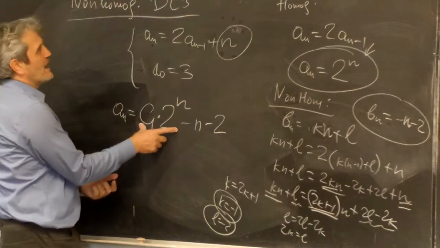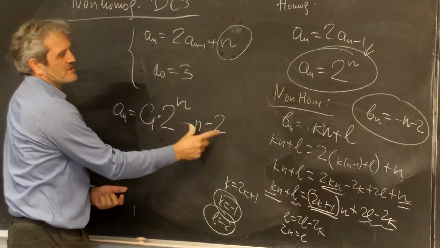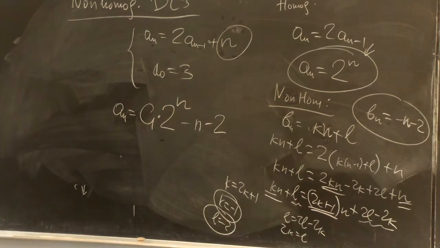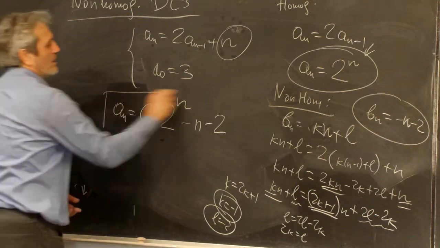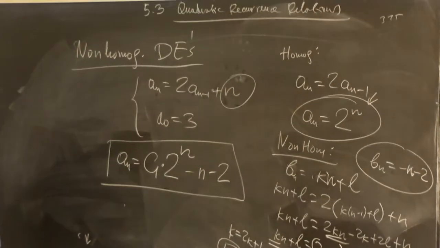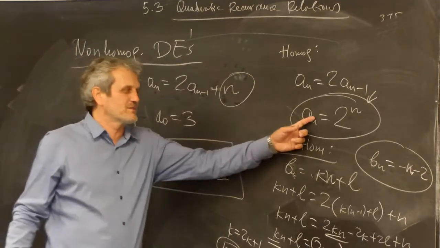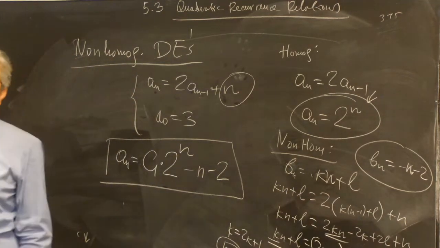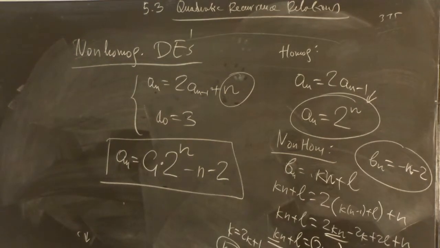Because this part will satisfy this part of the equation, this part will satisfy this part of the equation, everything will match. So you assemble the homogeneous part, you guess the non-homogeneous part using the so-called UC method. When you get them together, here's your solution.